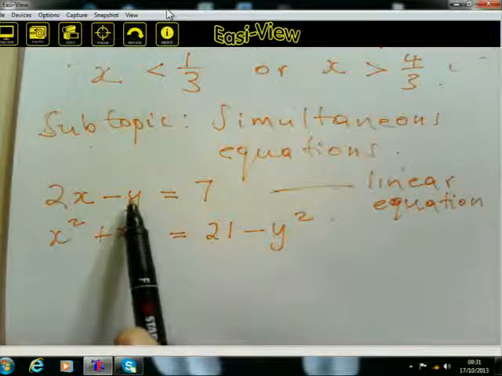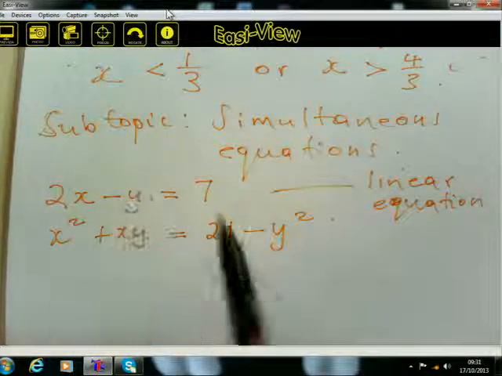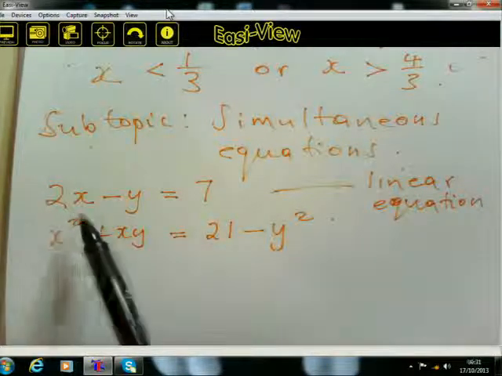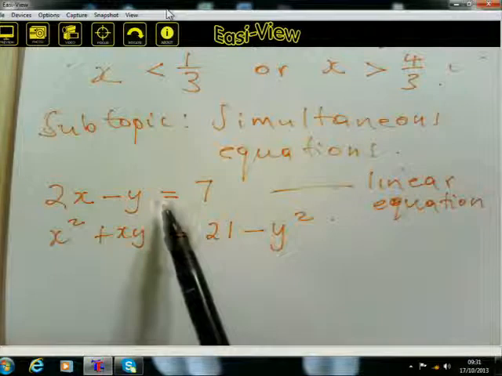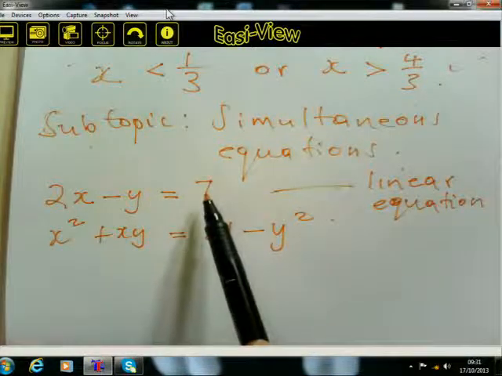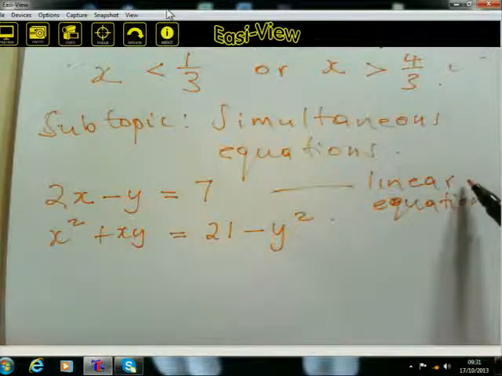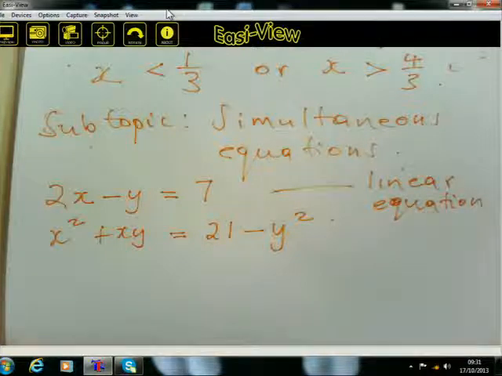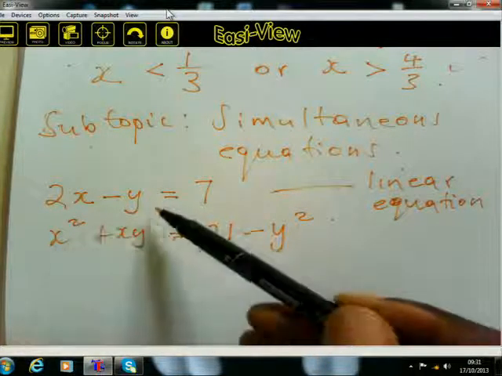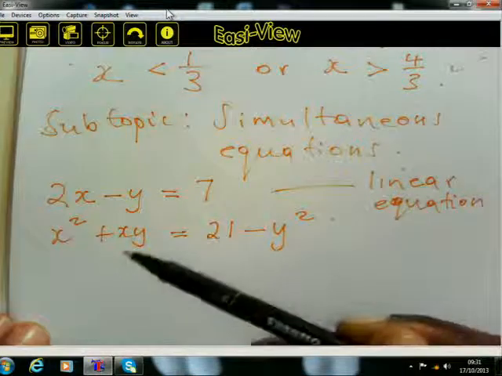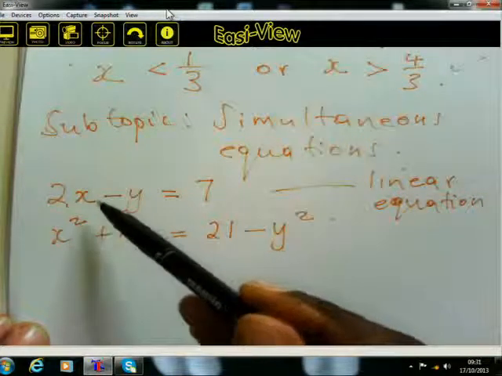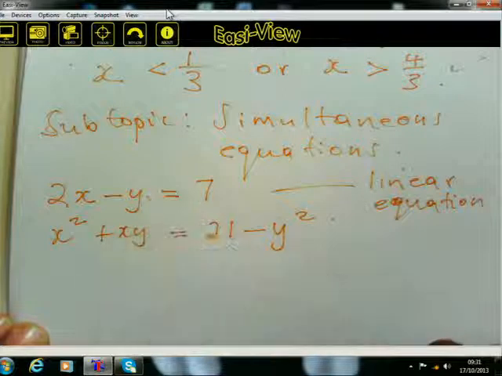The highest exponent of y is 1. Therefore, 2x minus y, which is equal to 7, is called a linear equation. It is linear in x and y. And remember that the variables that are involved there are x and y.